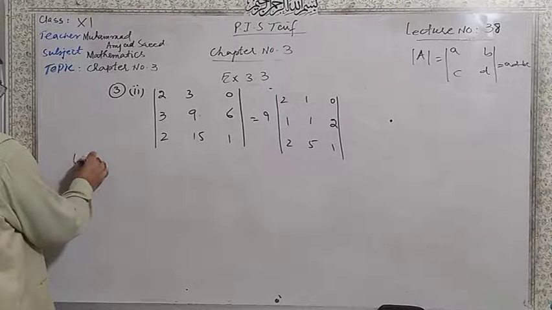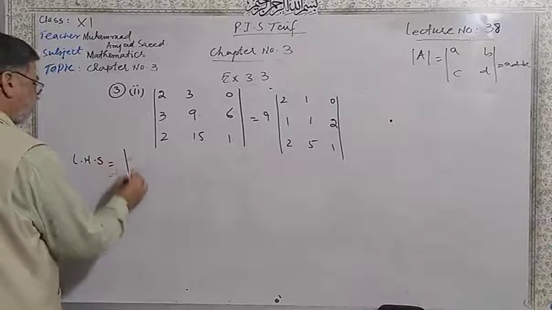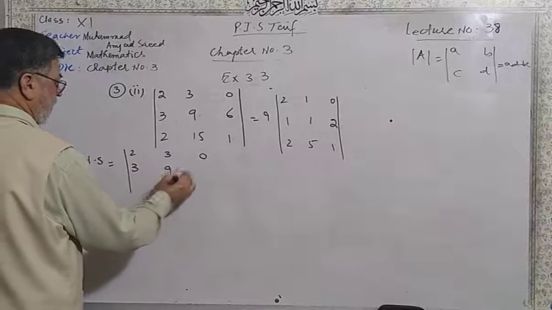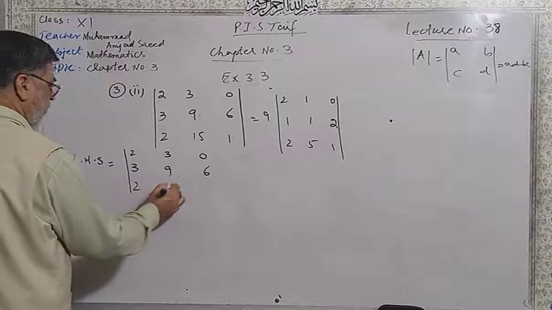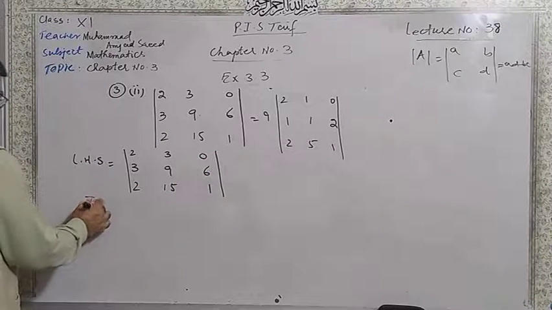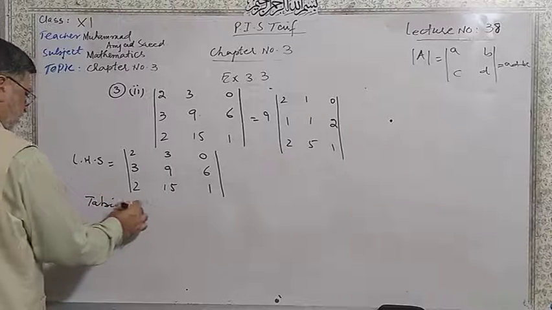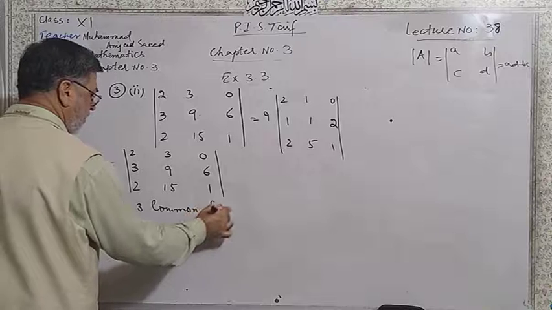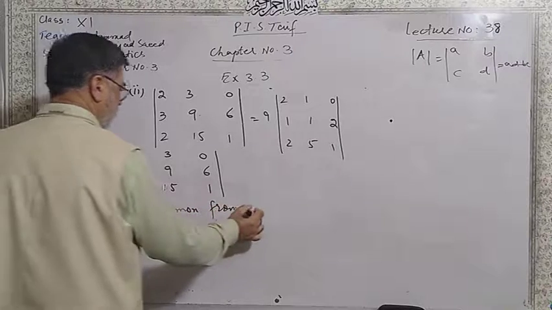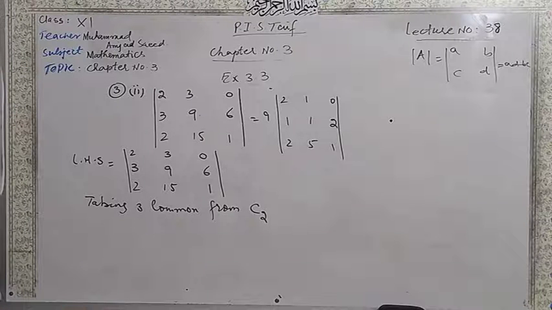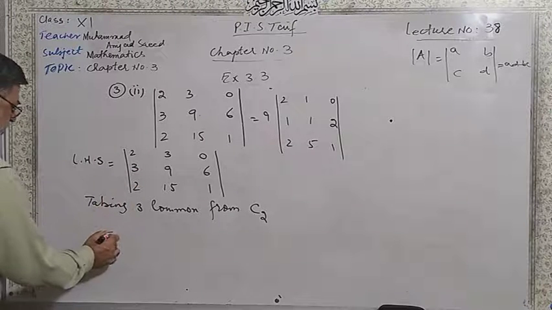We are taking left hand side now. 2, 3, 0, 3, 9, 6, 2, 15, and 1. Taking 3 common from C2.